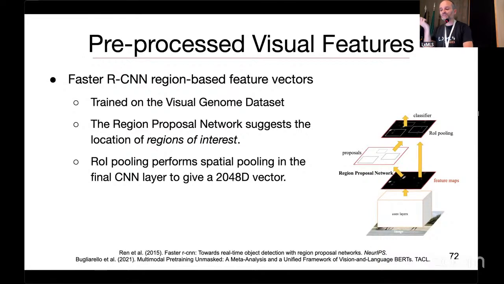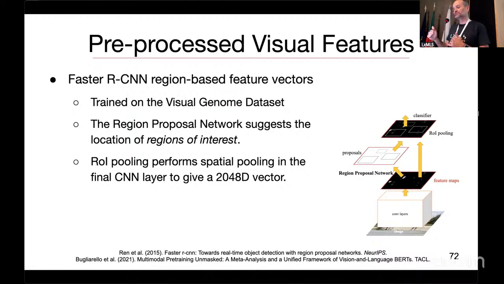Then there was a shift to working with pre-processed visual features that were based on object proposals. And so this was called Faster R-CNN. This was a model that was trained on the Visual Genome dataset, and it had a region proposal network. And so what would happen is you would process the image with a CNN.